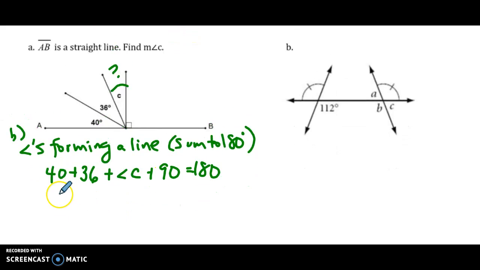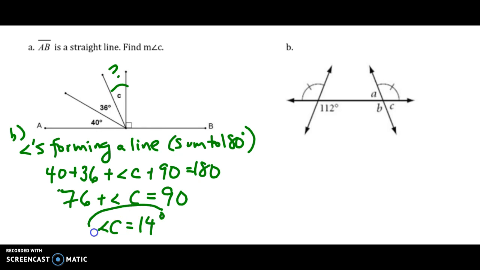I have 90 and 180, so I know when I subtract the 90 over, we're going to have 76 plus angle C equals 90. You can solve this in more than one way. And that gives us the measure of angle C is 14 degrees.